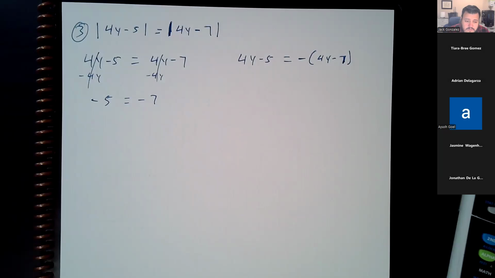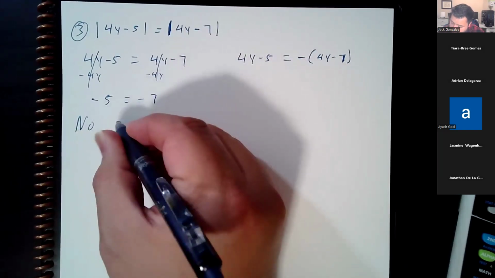Negative 5 is not equal to negative 7. So this equation means no solution.